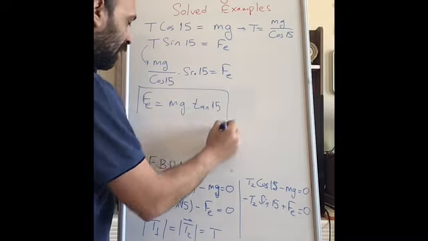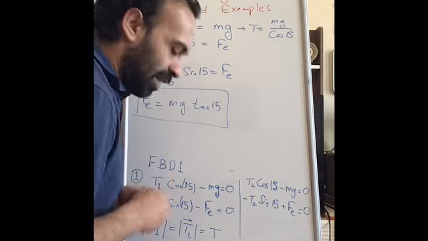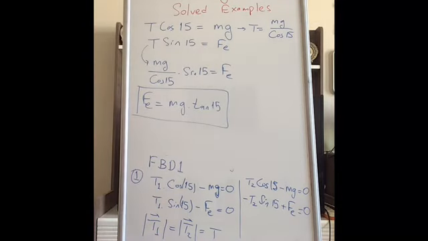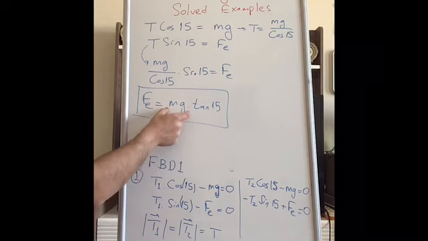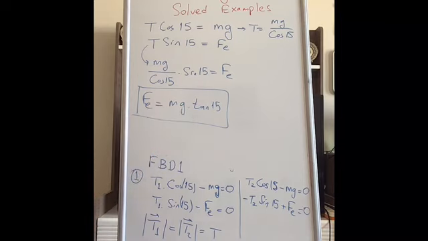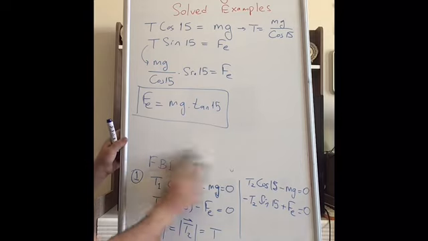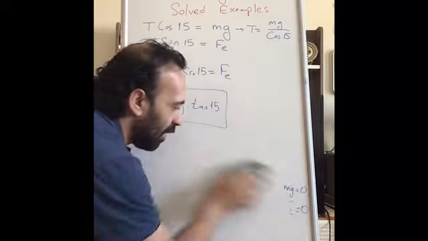All right, we got the electric force by using Newton's laws and also free body diagrams in terms of the masses, the gravitational force mg on the spheres, and also the tangent of the angle of 15.